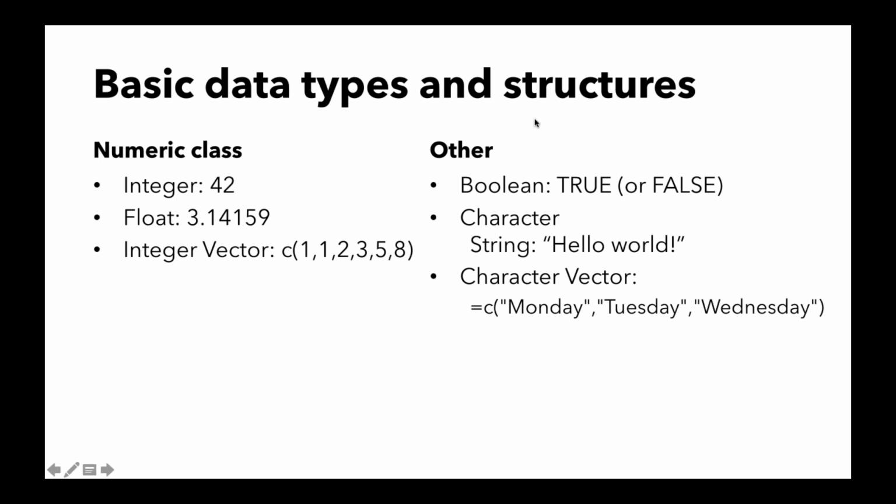Next, we have other data types. Boolean is one. We use logical operators. I think Anu mentioned the AND operator. I'll just type it here. This is an example of a logical operator.